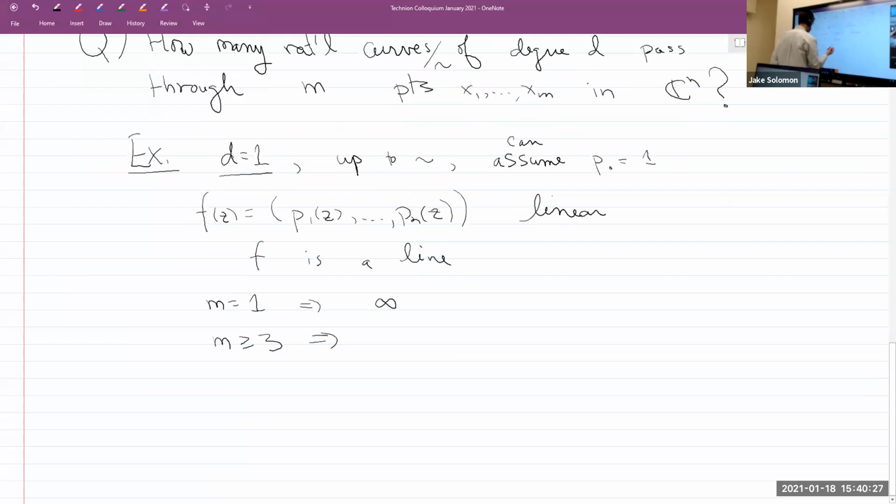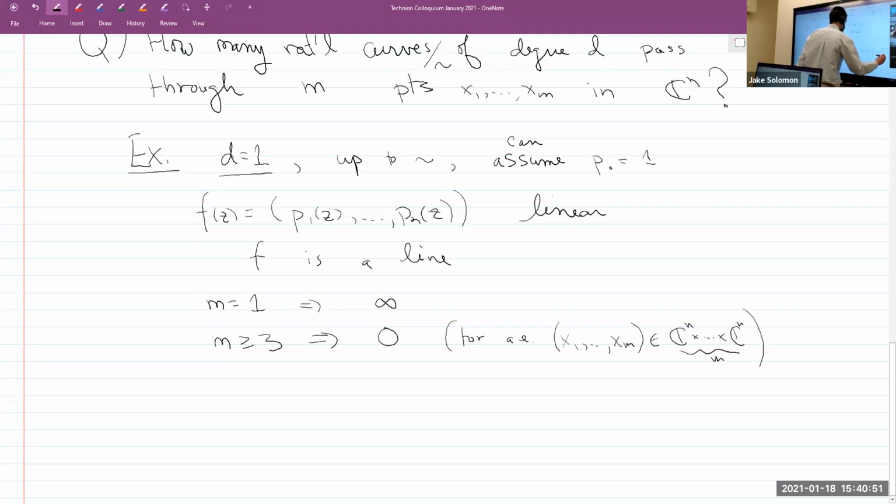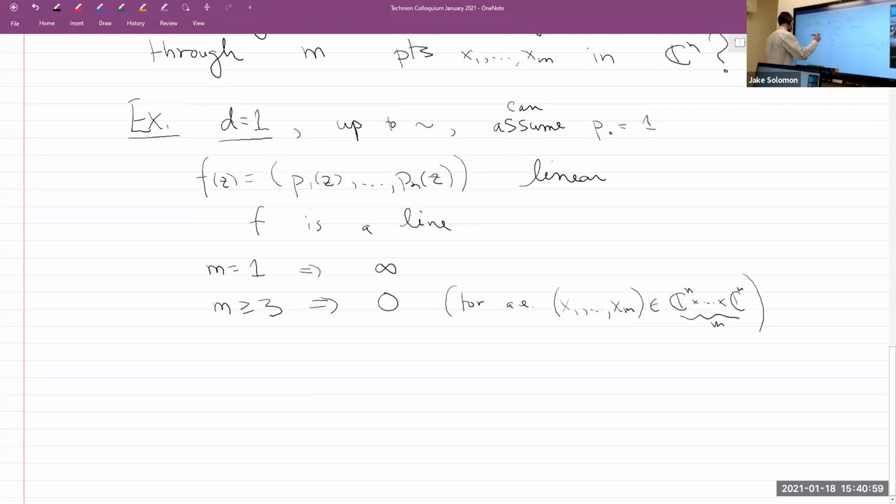Then we're going to get 0 if you have 3 points which are not collinear. So it's 0 for almost every collection x1 to xm inside of the space C^n times itself m times. As long as you're not in a set of measure 0 in the m-fold product of C^n, you always get 0, because the points won't be collinear except in measure 0.